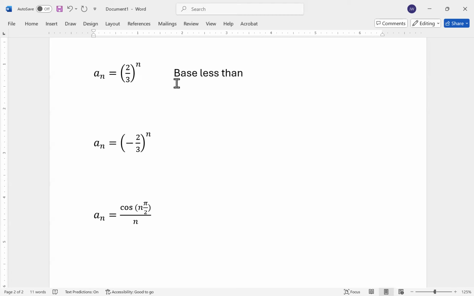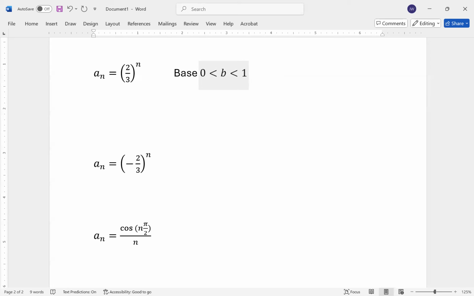So technically speaking, if I call the base b, b is between 0 and 1. That means if I raise that base to higher and higher exponents, my function is going to get closer and closer to 0. Therefore, the limit is going to be 0 since the base is between 0 and 1.